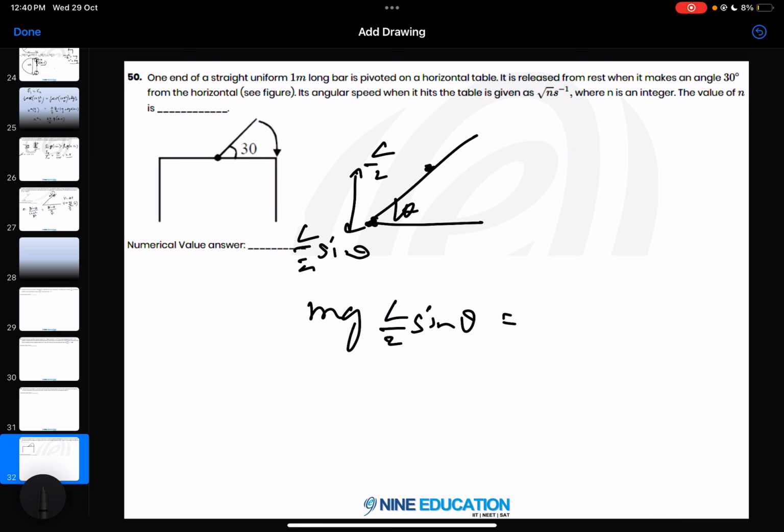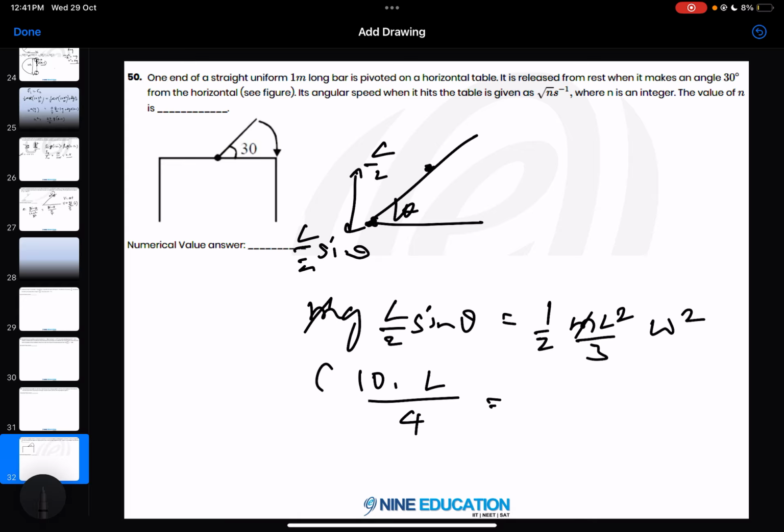Now the energy gained by the rod is purely rotational, so half I omega square, half m L square by 3, the moment of inertia about one end, into omega square, m cancels. Sine 30 will be 1 by 2, g is 10 into L by 4.